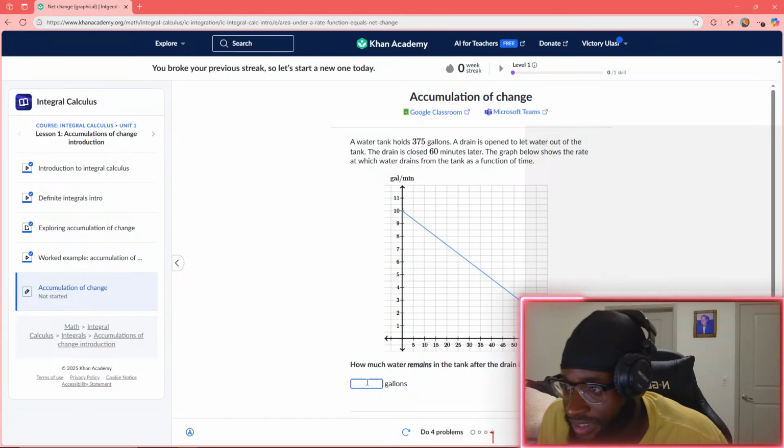Would it be 360? No way. Because it's draining at 10 gallons per minute there. So it doesn't even make sense if there's 360 left.